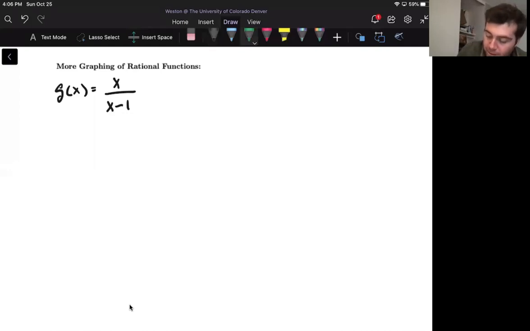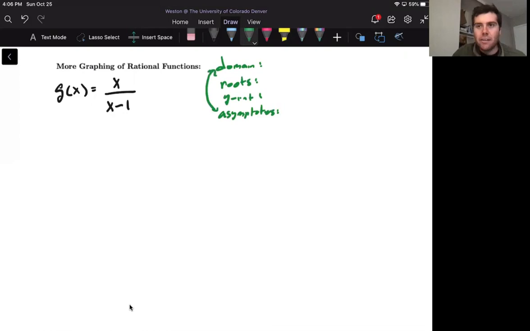So if you remember, there's a couple things that we wanted to know about our function. The first was its domain, then its roots, then the y-intercept, and then asymptotes, which are fundamentally connected with the domain, because the points where we don't have something in the domain, that's where we get an asymptote.